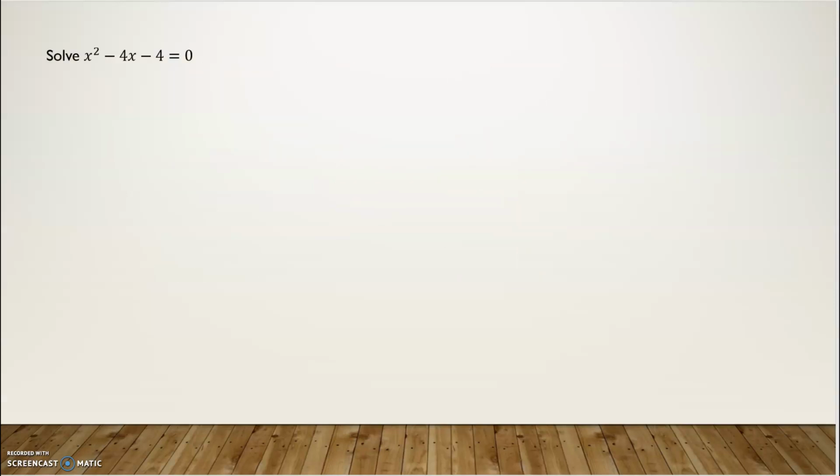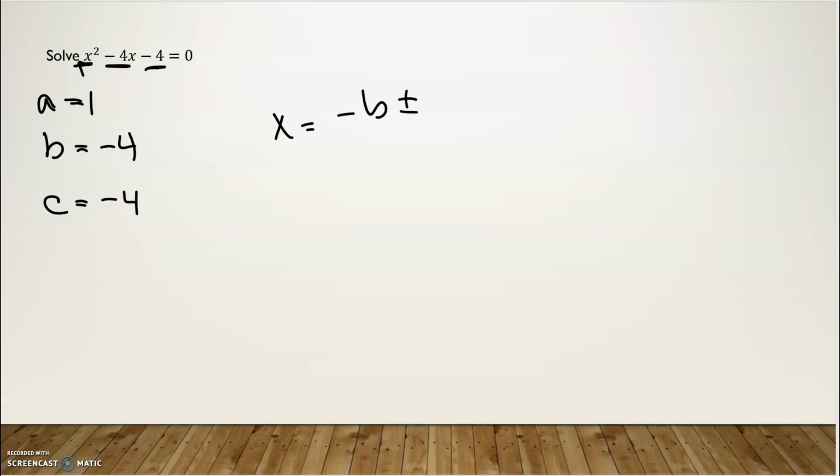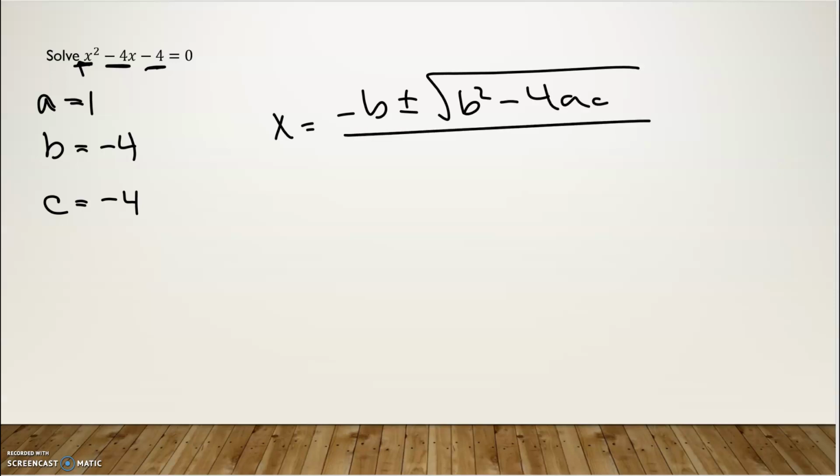So we are already in standard form for this one. And we're going to go through and say our a is 1. That's the number right in front of here. Our b is negative 4 right here. And our c is negative 4 for this one right here. Okay, so x equals negative b plus or minus the square root of b squared minus 4ac all over 2a.